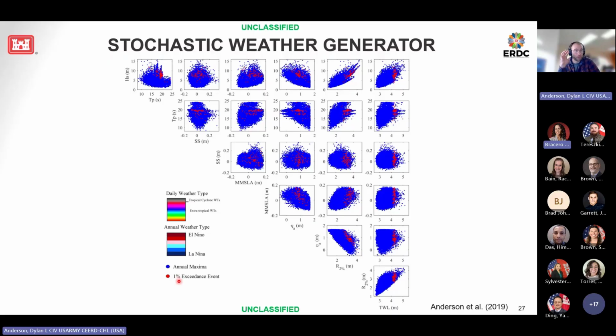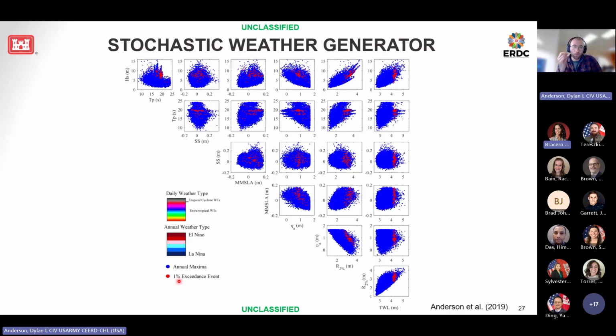And now I am pulling off the 5th largest event. So I have 100 1 in 100 year events plotted in red. I know that's a lot, but essentially what I'm trying to tell you is that I've done a synthetic climate 500 years, and I've pulled off the 5th largest event from each of those. And the point I want to make here is that they're actually fairly variable. All of these red dots do not just cluster together.